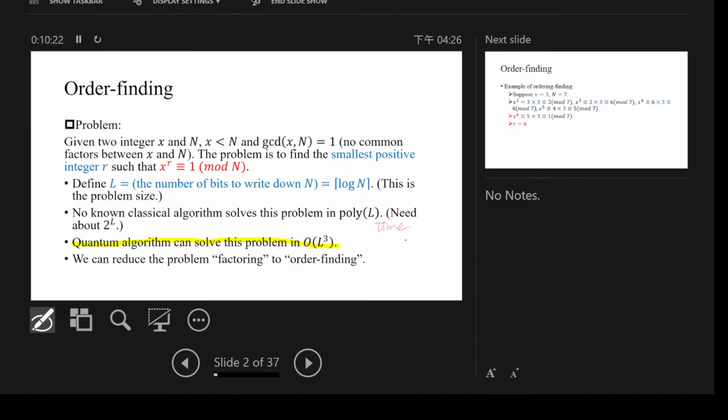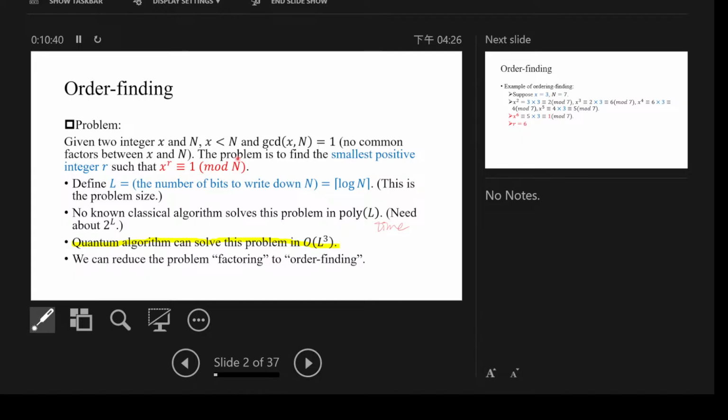Okay, let's get started. Let's go very close to doing factoring. I want to solve this totally mathematical problem of order finding.